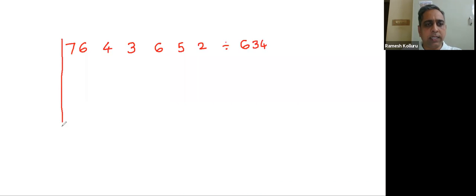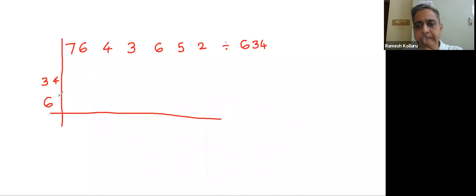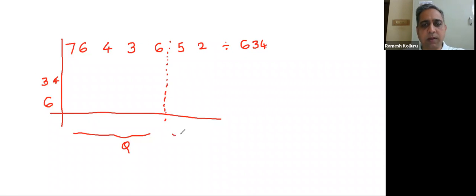So we write 6 here, 34 here, right? Because with 2 flag digits, we are leaving 2 digits. Before 2 digits we demarcate, so that this part only is our quotient and this part will be our remainder.